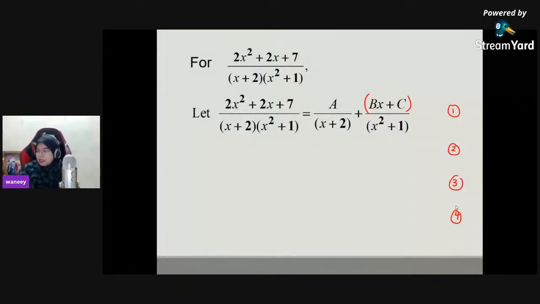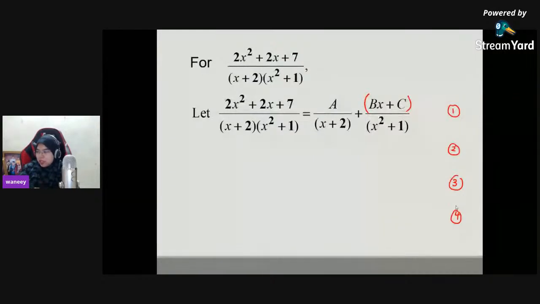Tak apa, mari kita check ada orang lain. Oh, makin lama yang tidur je ni. Wake up, wake up. It's only 10 o'clock. 11/5, negative 1/5, 12/5.